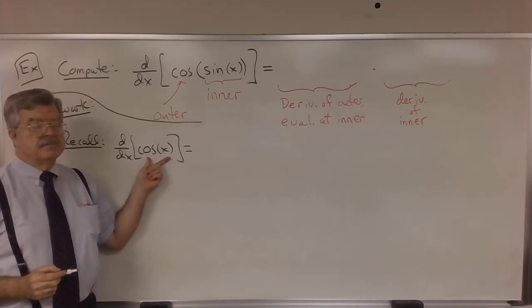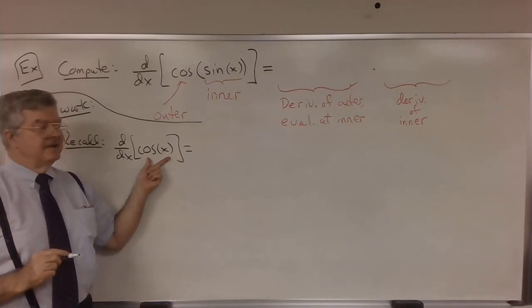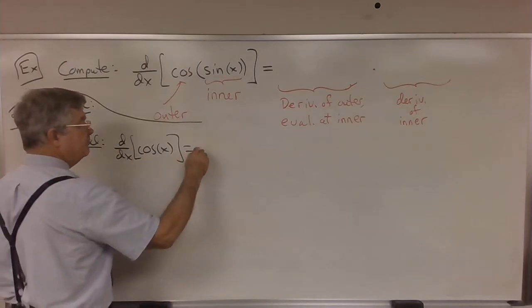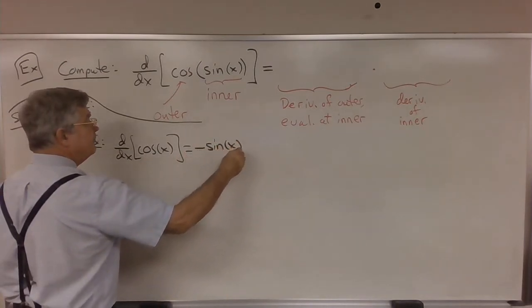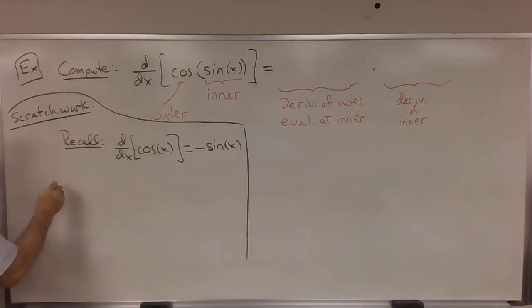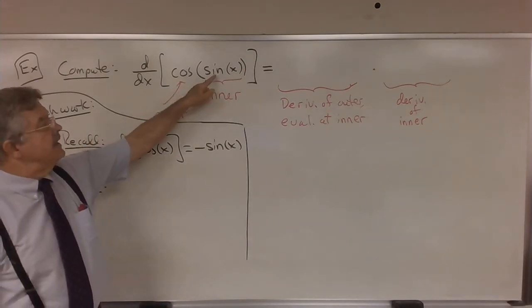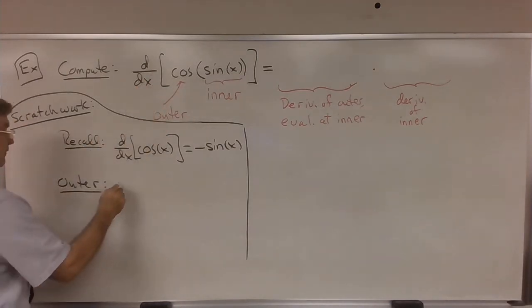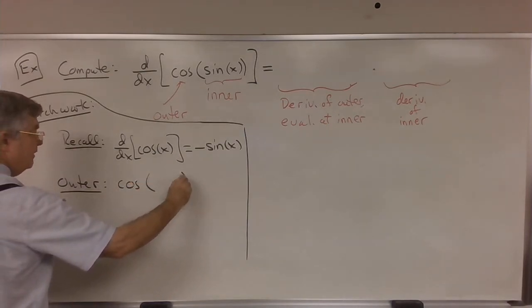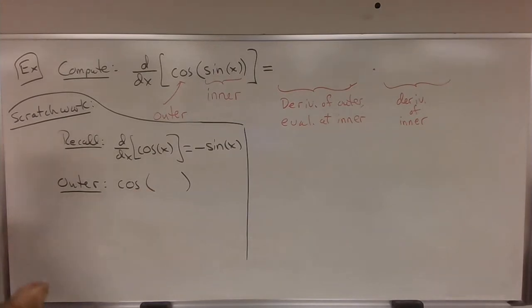Do we remember? That's the one that has the negative sign in front of it, isn't it? So derivative of cosine of x is negative sine x, and I identify our outer function. It's cosine evaluated at whatever. So the outer function is cosine evaluated at something, or cosine of something. And we need the derivative of the outer.